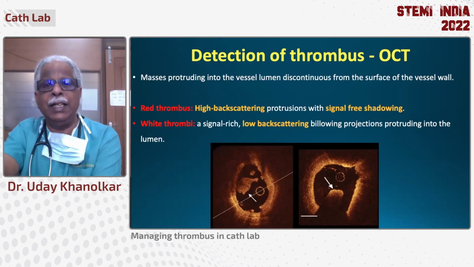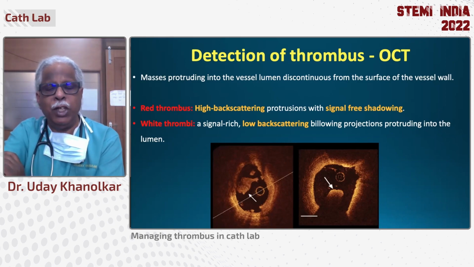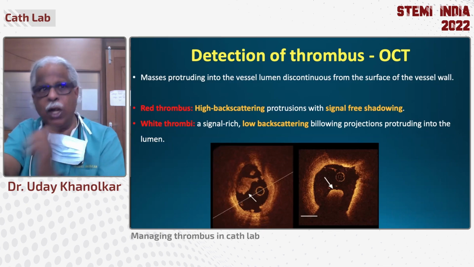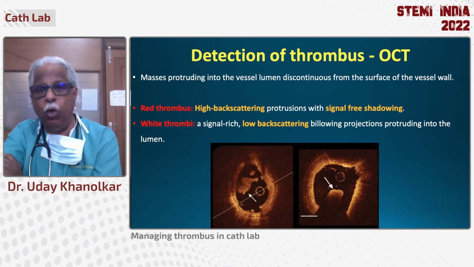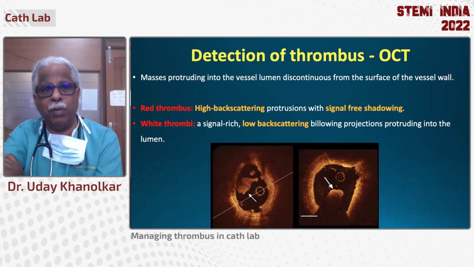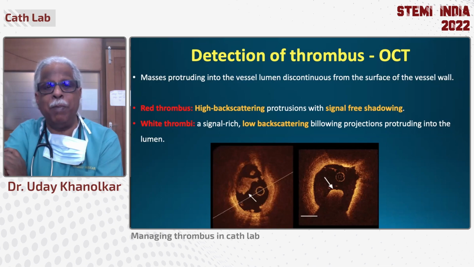In order to detect the thrombus, we need imaging as a tool along with coronary angiography, in the form of OCT or IVUS. This on the OCT is seen as a mass protruding into the vessel lumen, which could be a red thrombus or a white thrombus, depending on the age of the thrombus. A red thrombus, there will be high backscattering and signal free behind the thrombus.